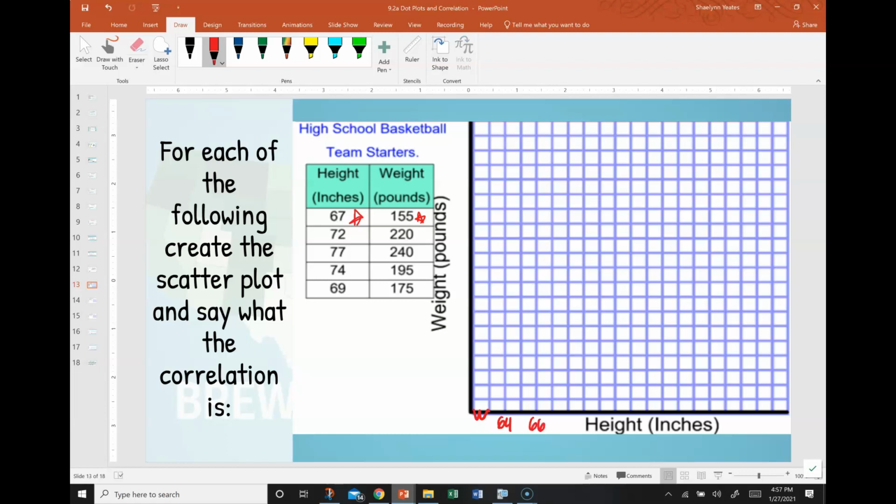Then 66, 68, 70, 72, 74, 76, 78, and 80. That's enough to cover everything. Okay, my lowest weight is 155, and my highest weight is 240. So I'm going to count by 20 pounds starting at 140.